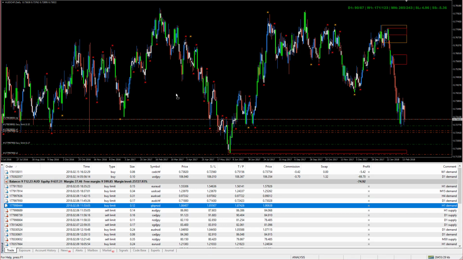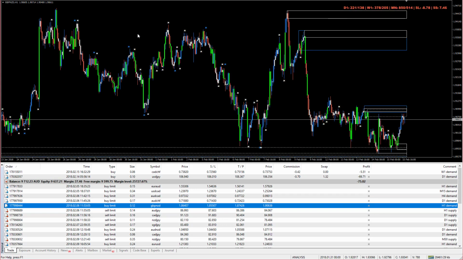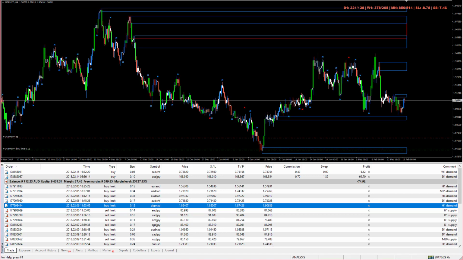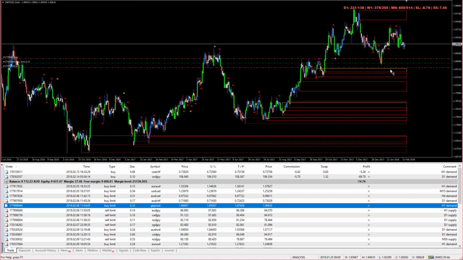We've got this pound Kiwi. Where is it located? That's down here. What's the reasoning behind this? This is a 1 hour demand. You can see it pretty clear there. Let's go to the daily chart. It's below price, and price pulled back to this level. We are reacting pretty close to this.